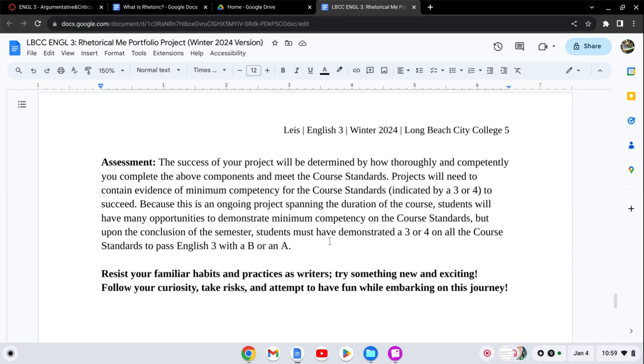But upon the conclusion of the semester or the winter session, students must have demonstrated a 3 or 4 on all the course standards to pass English 3 with a B or an A. Okay. So again, going back to what I mentioned about the rubrics, our overall project needs to make sure that we're meeting these different course standards in the rubrics.